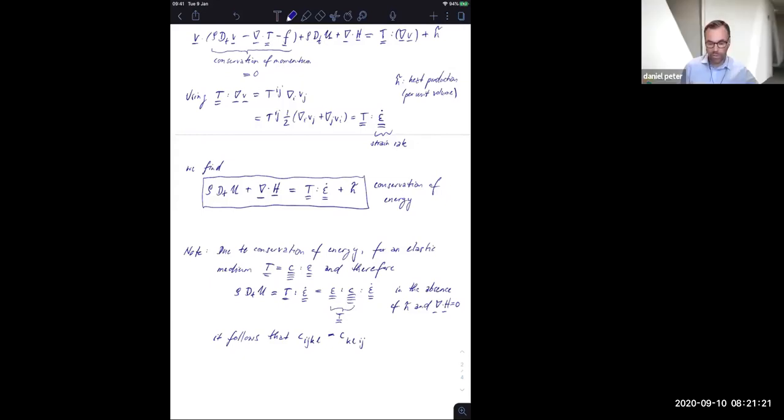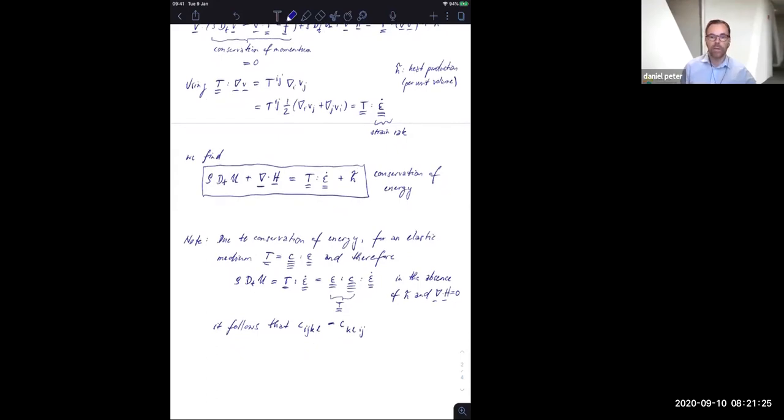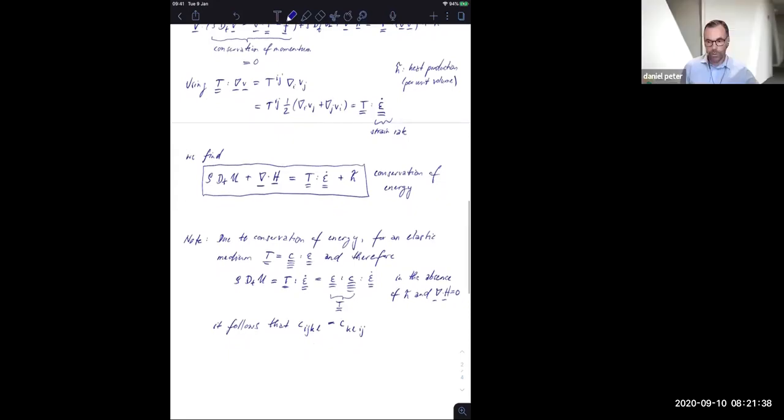So one symmetry follows out of the conservation of energy. The other one we will see in the next lectures when we look at the conservation of angular momentum, that there is an additional symmetry for the elastic tensor. Good.